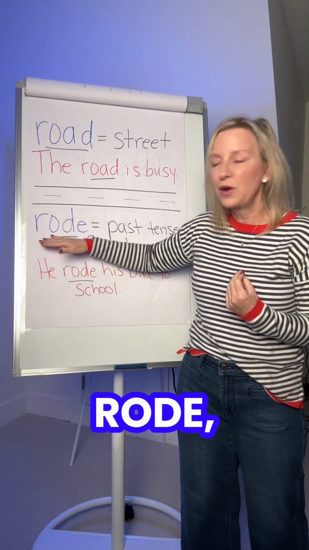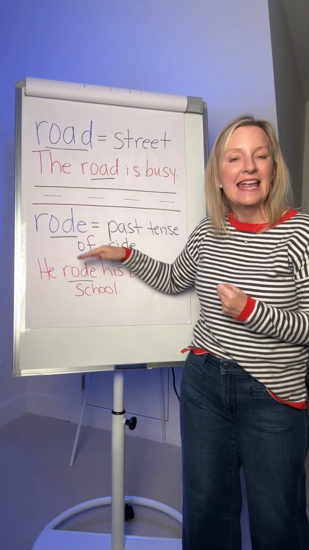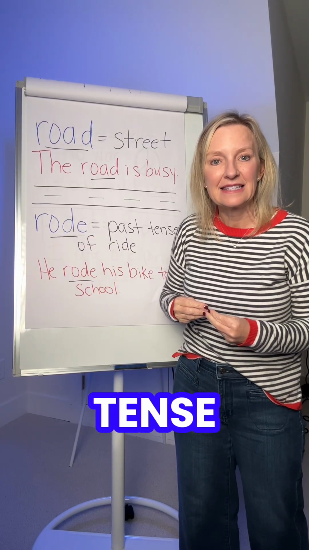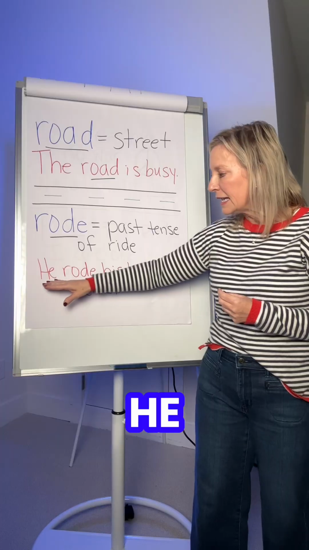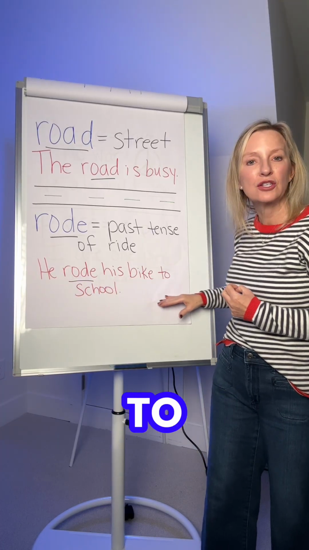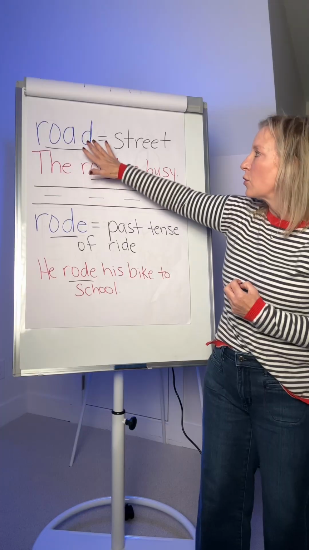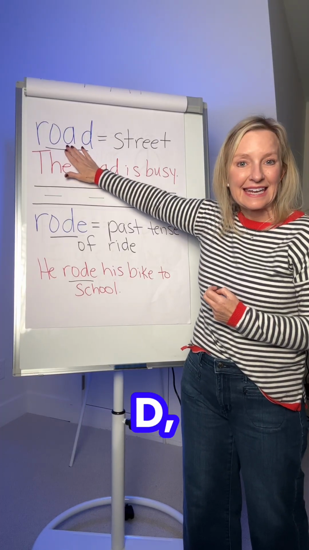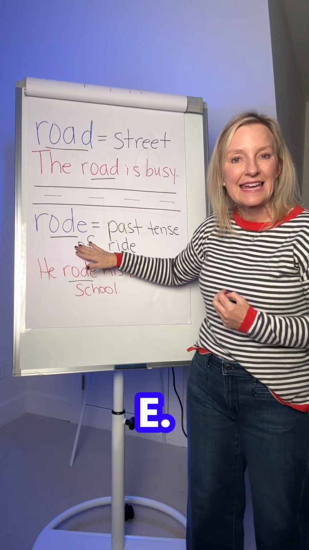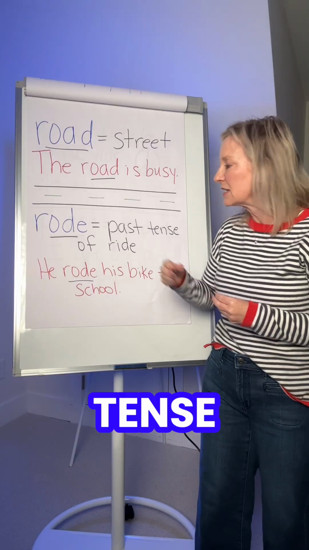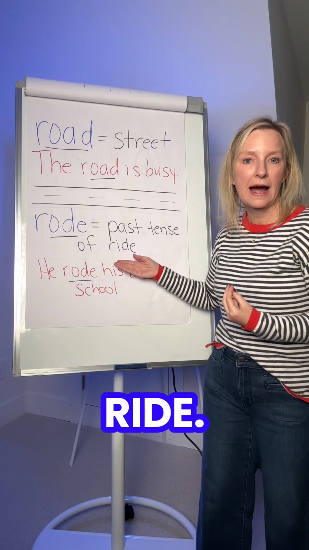This rode, R-O-D-E, is the past tense of the verb ride. He rode his bike to school. Road, R-O-A-D, is a street. Rode, R-O-D-E, is the past tense of the verb ride.